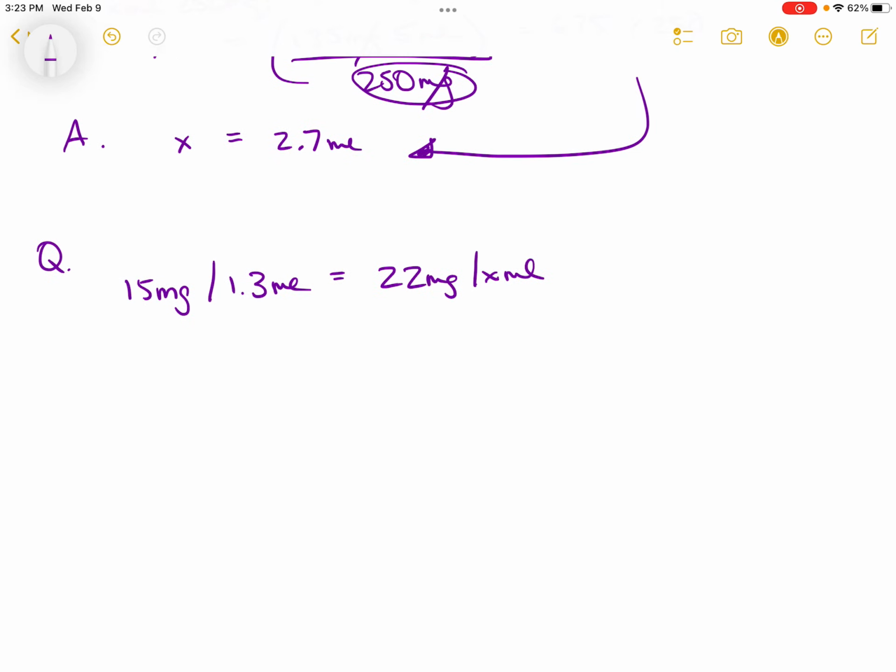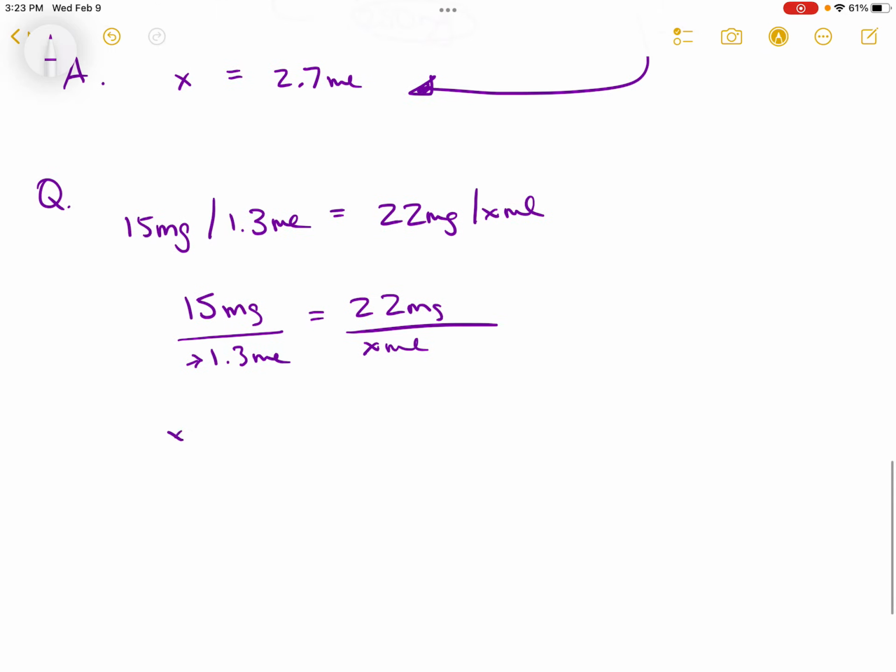So 15, 1.3. Always make sure that we're transcribing our questions correctly, because if we don't, like in this one right here, we would have an error. If I wrote 13 mLs, it would be a totally different answer, so we've got to make sure that we're very accurate on that.